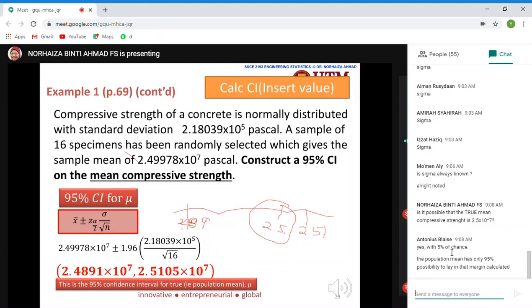So that means 2.5 is within the interval that you have calculated, which has a 95% possibility that it will lie in that calculated interval.